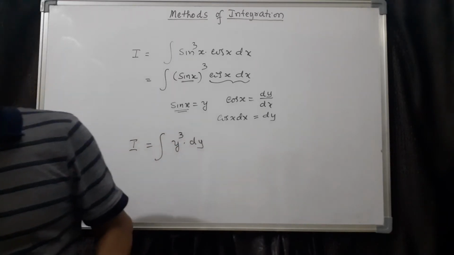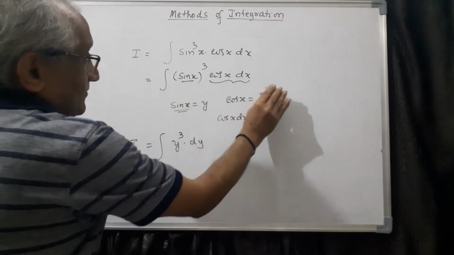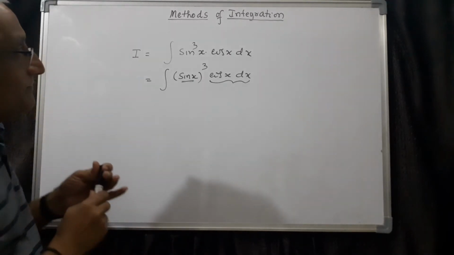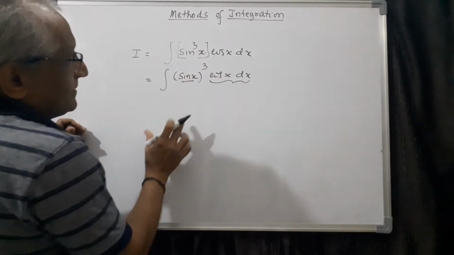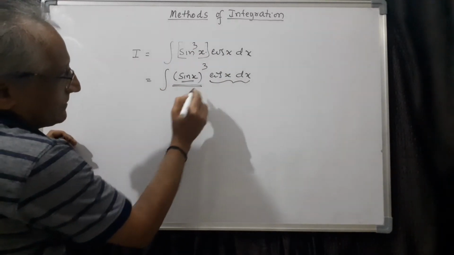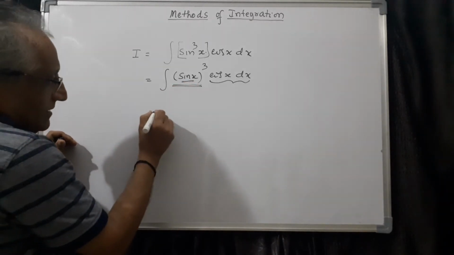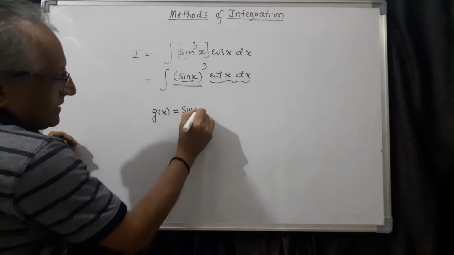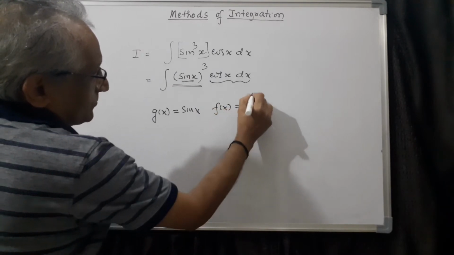Now, when you can use this method, that is very important. See, whenever the given integrand is a composite function. Here, if you look at this one, it is a combination of two functions. One is g of x, which is sin x, and the other one is f of x, which is x cube.